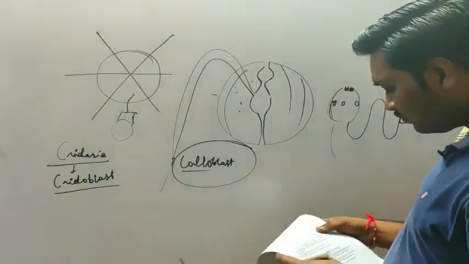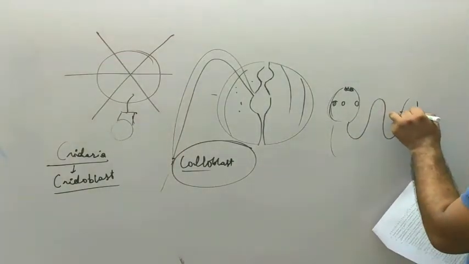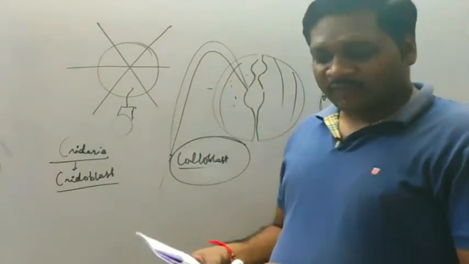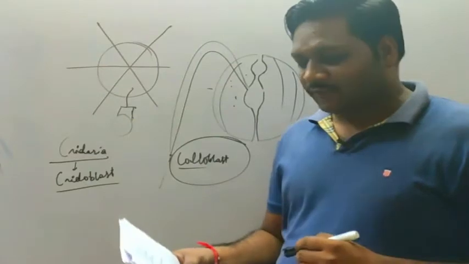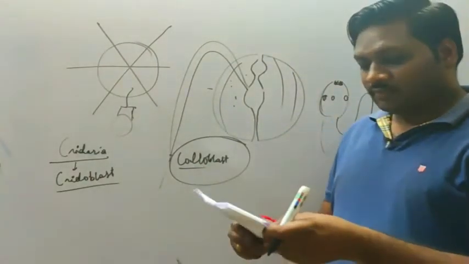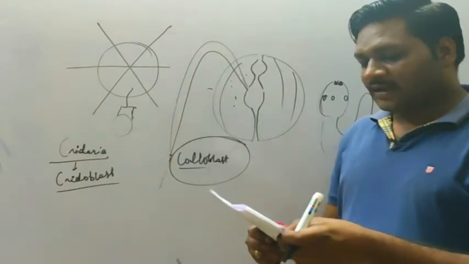Question number 130, cysticercus larva of Taenia develops in: the options are man, goat, sheep, and pig.